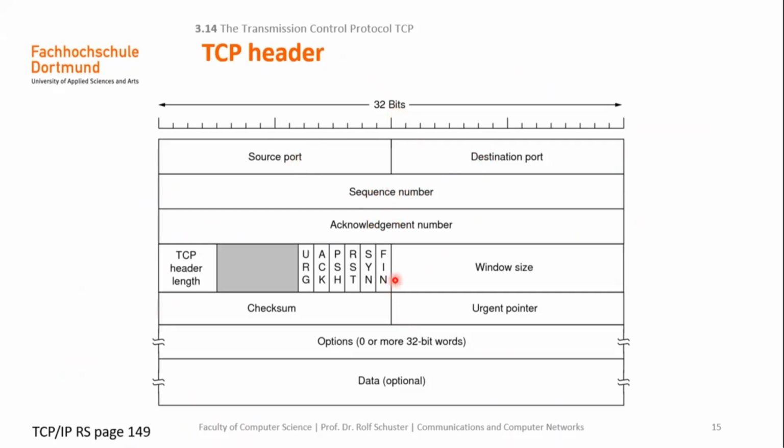There is also the window size. Remember that the window that is explicitly specified here is what is called the advertised window. That is the window that is advertised by the receiver. The window size is a number of 16 bits.